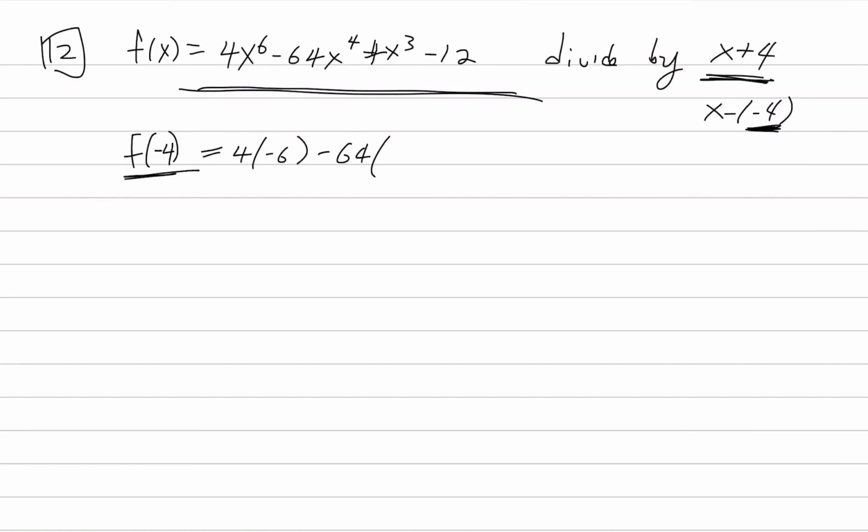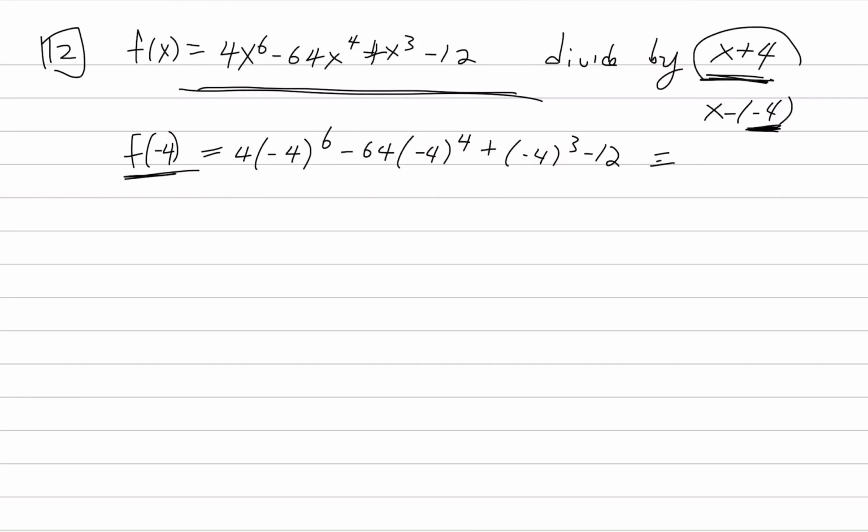Oops, 6th power. Sorry, let me rewrite it. So 4 times negative 4 to the 6th power, minus 64 times negative 4 to the 4th power, plus negative 4 to the 3rd power minus 12. Okay. So if this turns out to be 0 when we simplify it, then we know this is factorable by x plus 4.